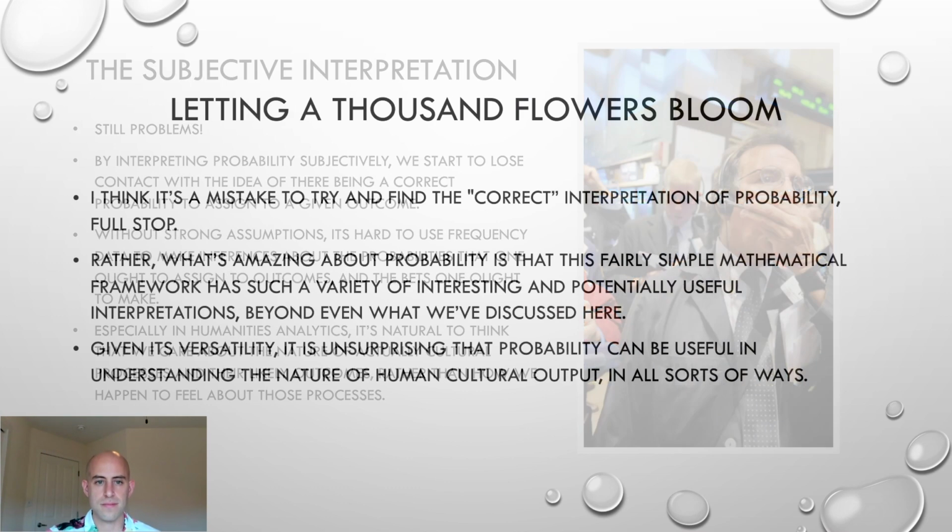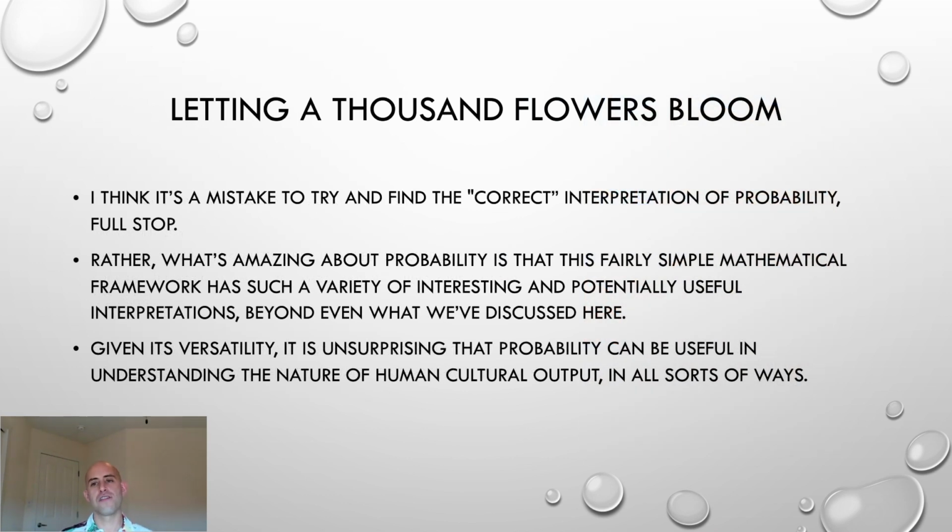Now, I'm in favor of letting 1,000 flowers bloom. I think it's a mistake to try and find the correct interpretation of probability, full stop. What's amazing about probability is that this fairly simple mathematical framework has a variety of interesting and potentially useful interpretations beyond even what we've discussed here. Moreover, it's rare right now in published humanities analytics for people to think about what the probabilities I'm eliciting mean and how I should interpret them.